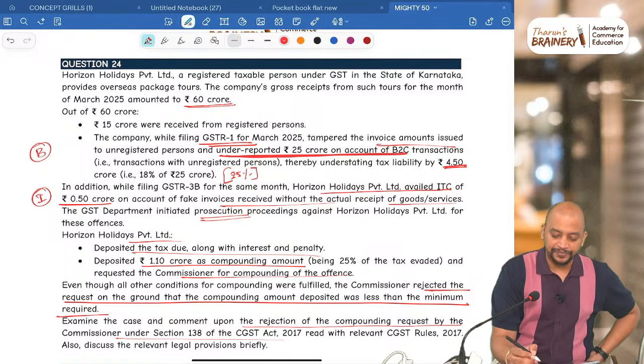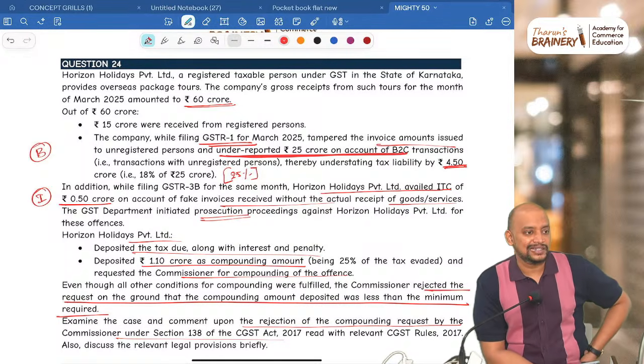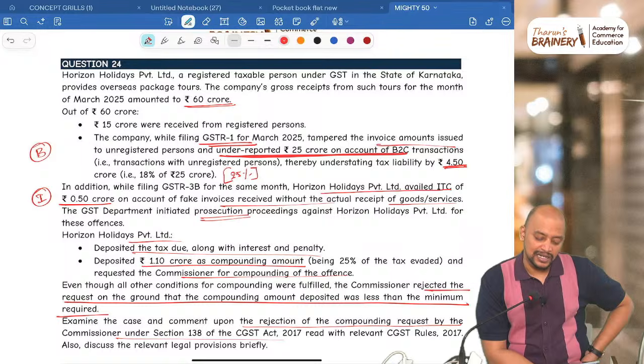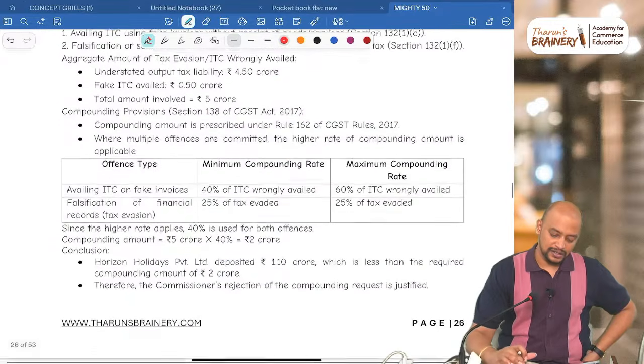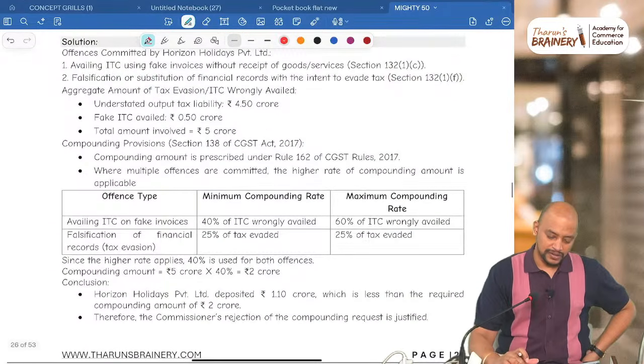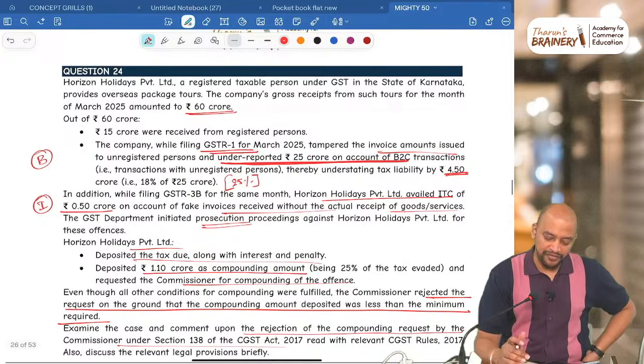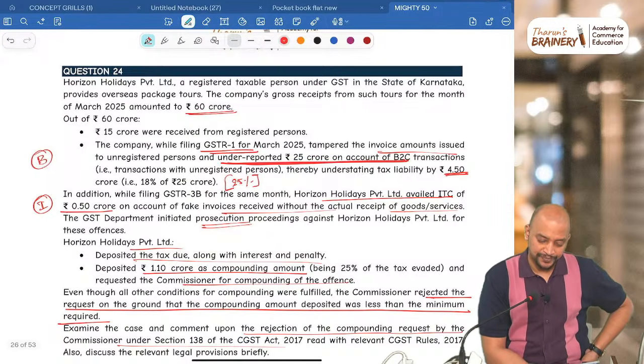25%. Correct? And while availing ITC on account of fake invoices, so availing ITC on account of fake invoices is how much? 40% to 60%. That is the minimum. Why?